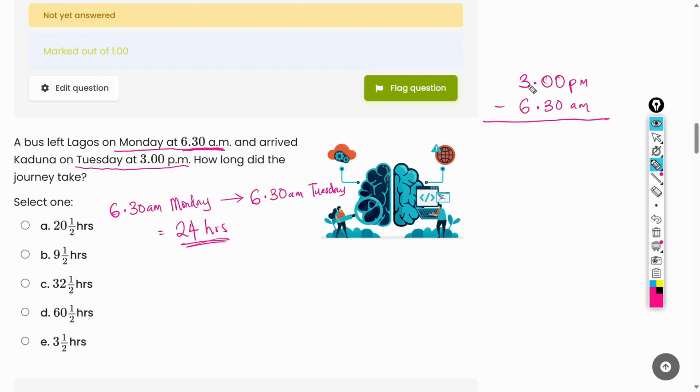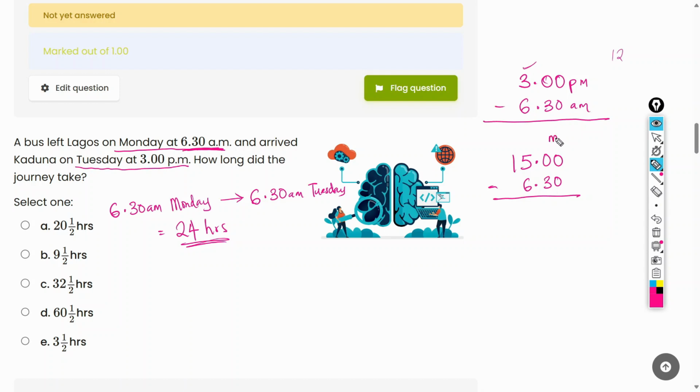So for this to be able to work, we need to change 3 p.m. We add 12 to this because from a.m. to p.m., that's 12 hours. So if we add 12 to this, this becomes 1500 hours. 1500 hours minus 6:30 a.m. Now we can subtract.